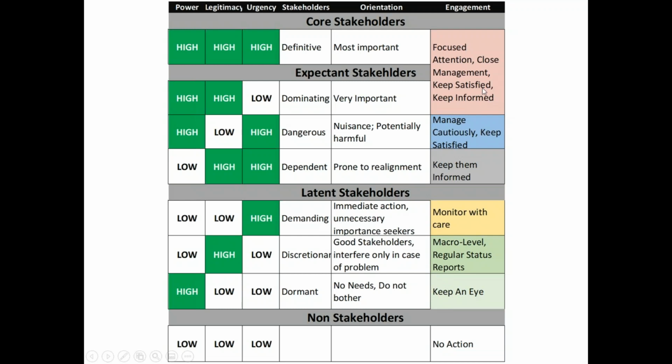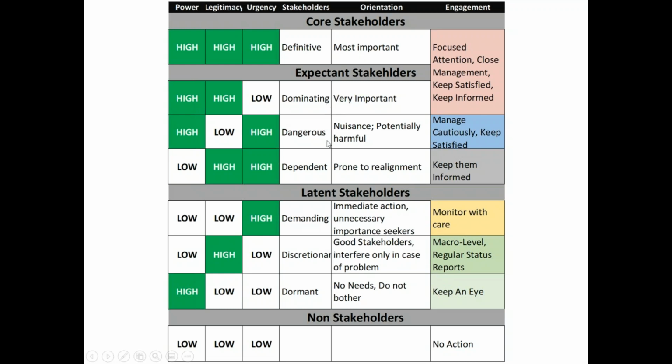This strategy applies to the definitive stakeholder, and is also true for the dominating stakeholder, who is low on urgency but still high on power and legitimacy, and is also very important to me. So the strategy I have selected is true for definitive and dominating.